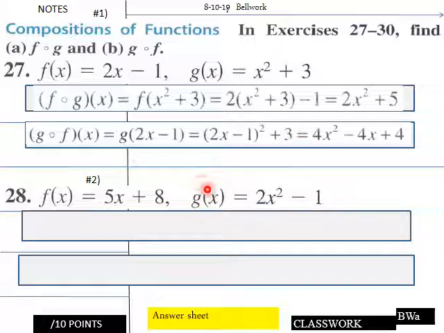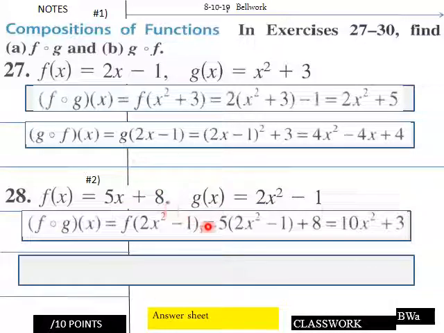And then down here for number 2, f of g, you would insert this into this function here. So 5 times 2x squared minus 1 plus 8, simplify out here.